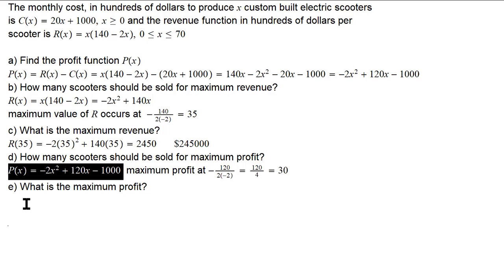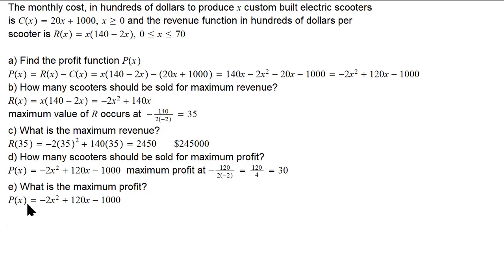Then it asks what the maximum profit is, and you can easily determine that just by substituting 30 in here. You can do the arithmetic or have your calculator do that, as I'm going to do. There are so many different types of calculators that you all are using.